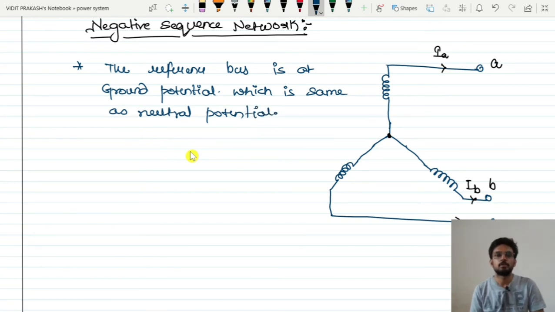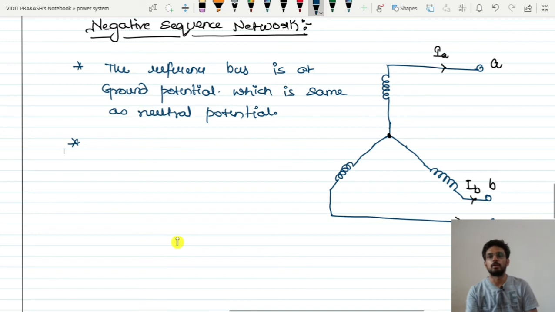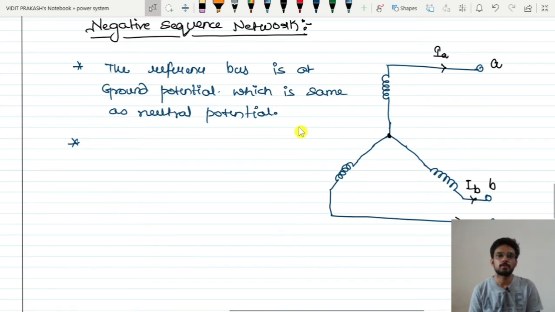So we will eliminate this neutral path. Next, there will be no generation of EMF.